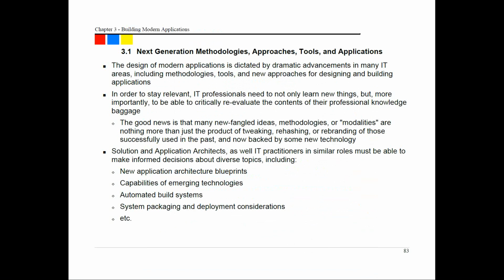So it's good to have a look at what's the state of the art on, I won't say low-level software architecture or solution architecture, but mid-level: how do we put stuff together that people use these days?